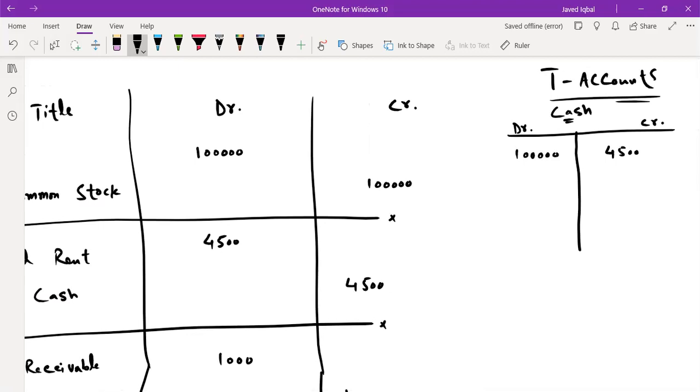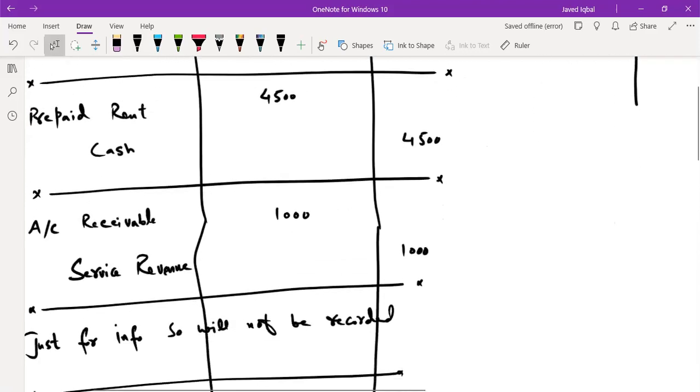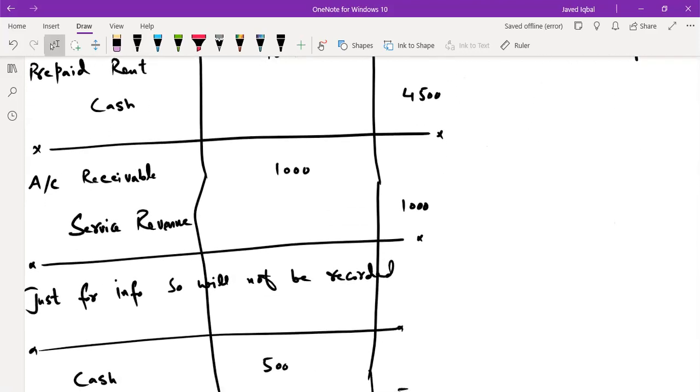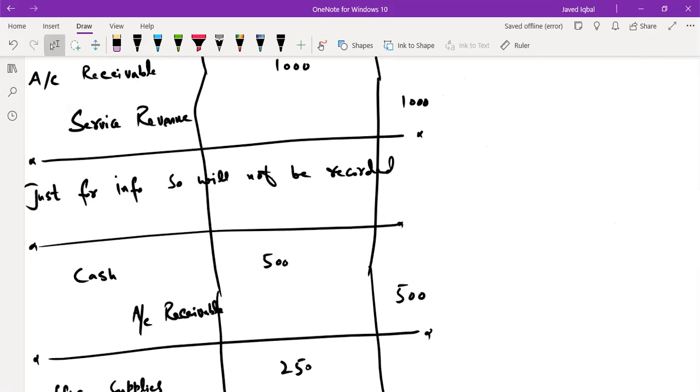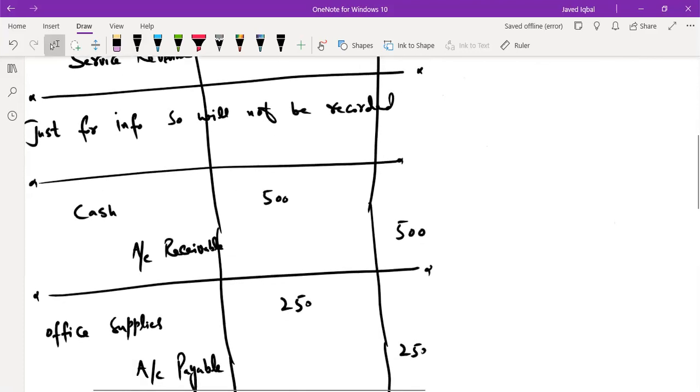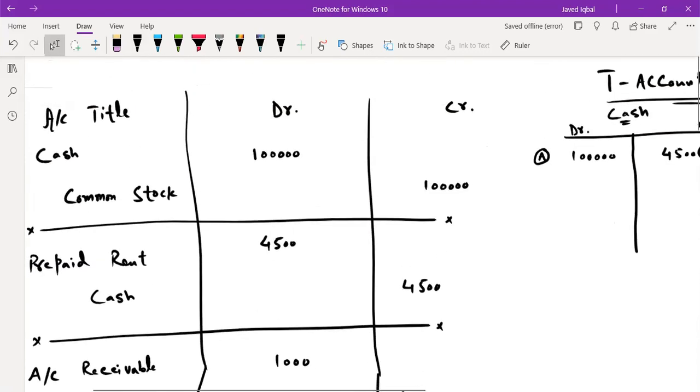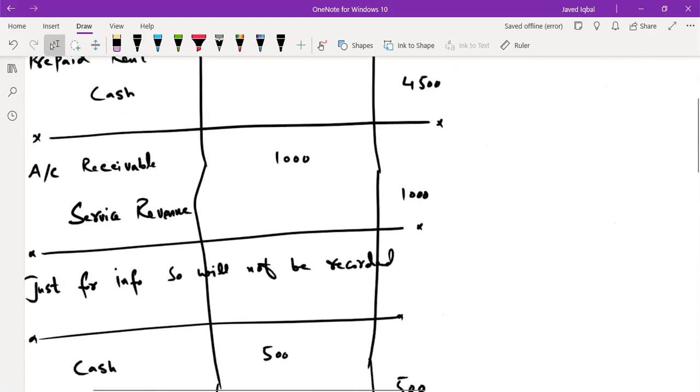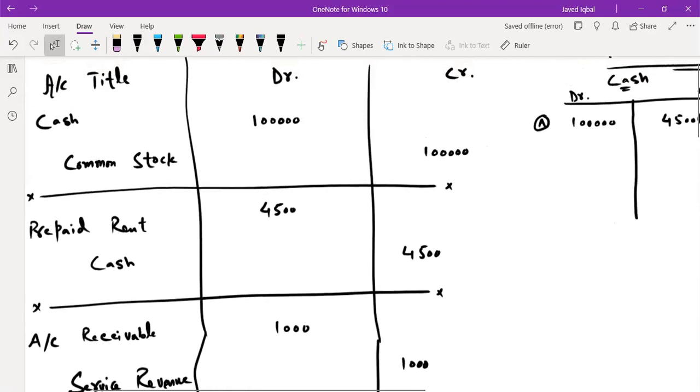right? So for better referencing, you can say this is transaction A, this is transaction B. So if your balances are out of order, you can easily cross match. If you look at the third transaction, there is no cash involved. Fourth, no cash involved. But in the fifth, we have cash, and it is on the debit side, 500 cash.